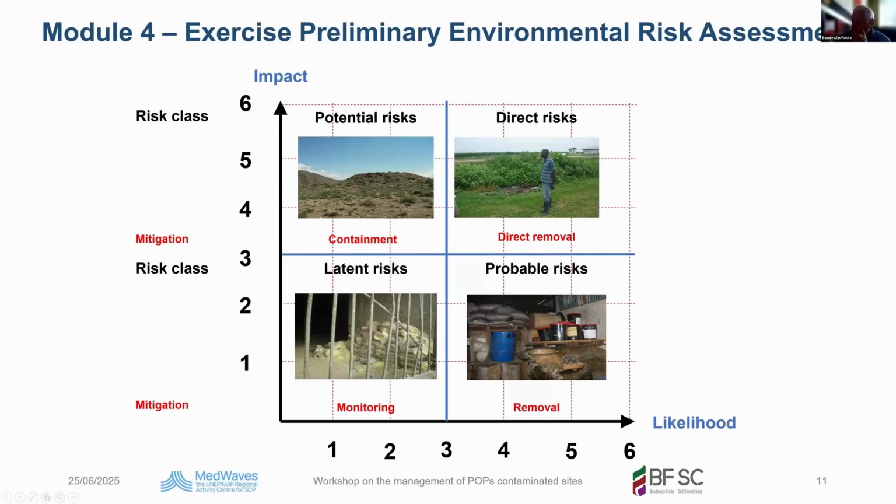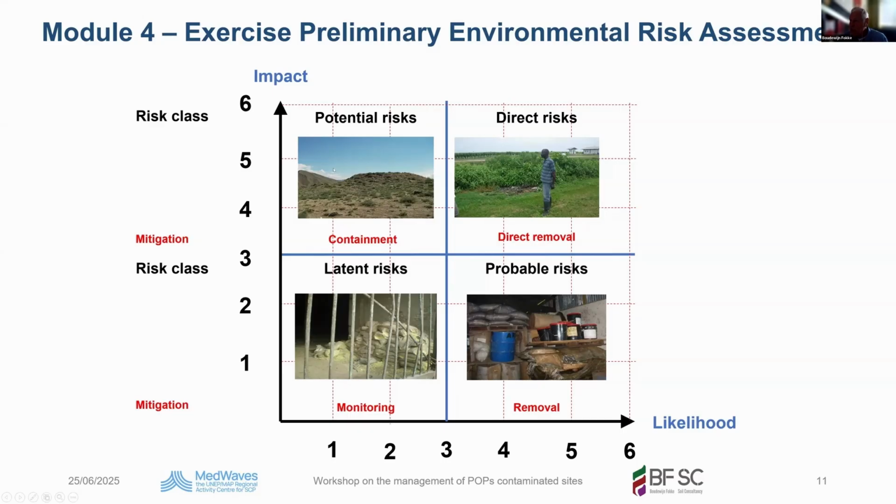But this can be projected on the graph, and the direct risks are here, score between 3 and 6 for the impact and 3 and 6 for the likelihood. Now here, this is the lowest, the latent risks. This is then the risk with a high likelihood but a low impact. And this is a high impact with a low likelihood. And here, these red ones are the mitigations.